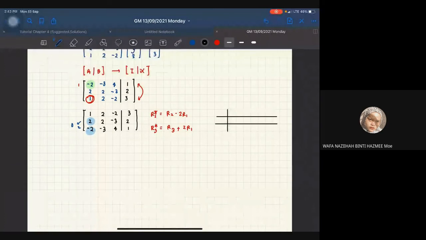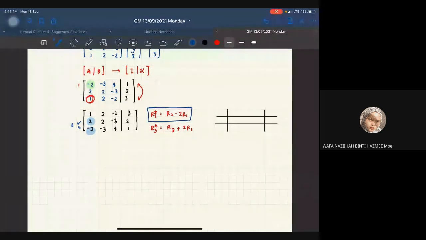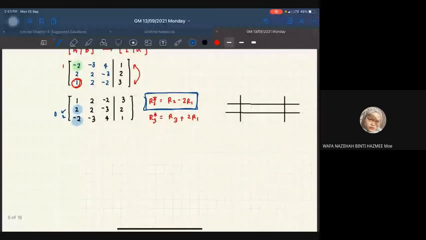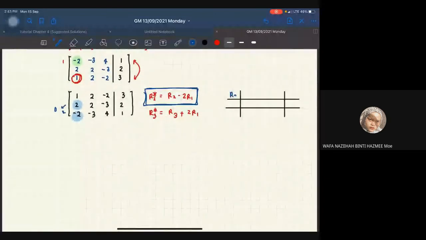Okay. So kita tulis dekat sini. Dekat atas ni we put R2. So you just put all the element that you have in your second row. So awak ada dekat situ 2, 2, negatif 3, 2. And then secondly awak just letak this one. So kita ada 2R1.